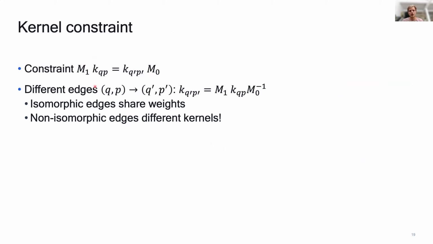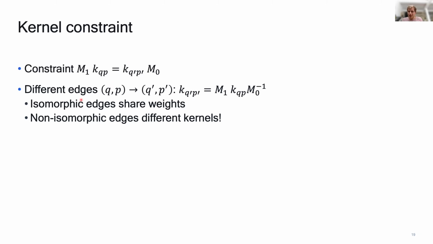So if we do this for different edges, then as these matrices are invertible, we can rewrite this, and we see that the message passing kernel from Q prime to P prime is fully determined by the one from Q to P. So they share weights.